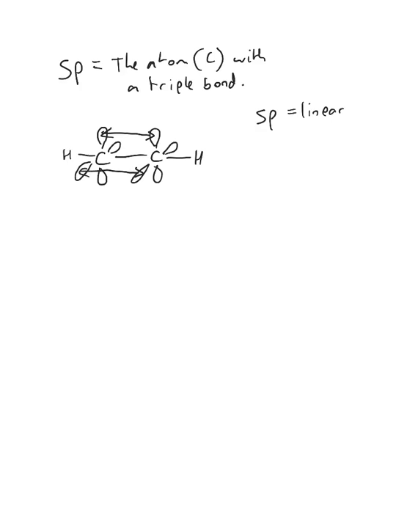Let's color them in just to emphasize that. So we have green, green, green, green, and we have the red and the red. You'll notice that they are orthogonal to each other and overlapping, giving us the triple bond.